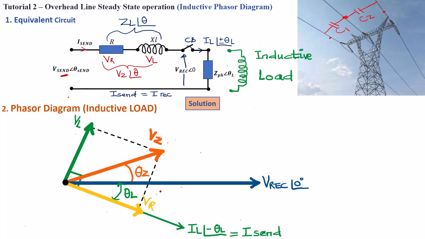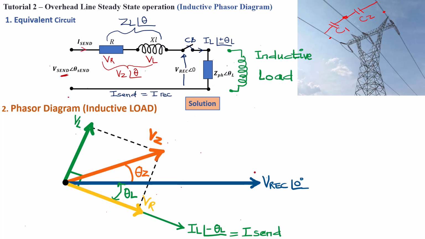So just like we did on the resistive load tutorial, to draw the phasor diagram of V sending, we have to make a projection of the VZ, because remember, what's missing in this V receiving end here is VZ. So V sending end is the algebraic sum of V receiving plus VZ. That will be the V sending voltage, V drop plus V receiving.